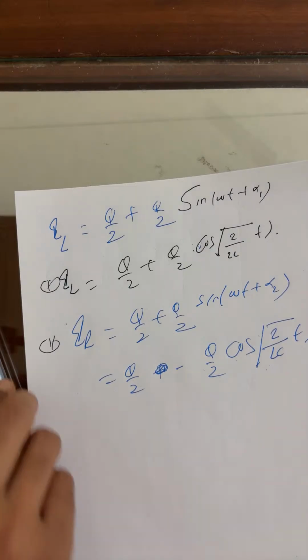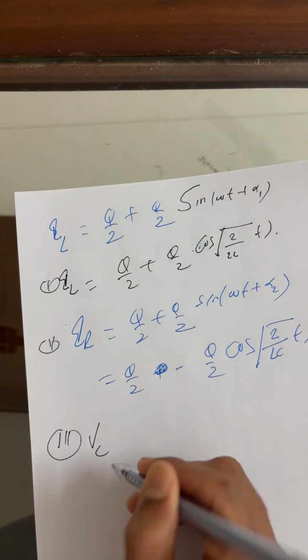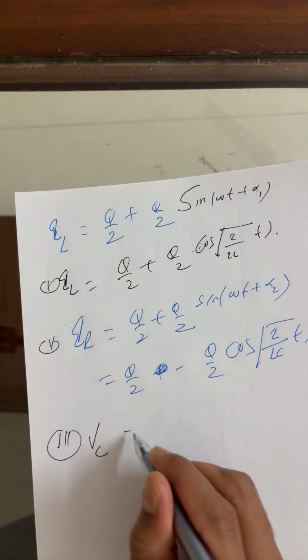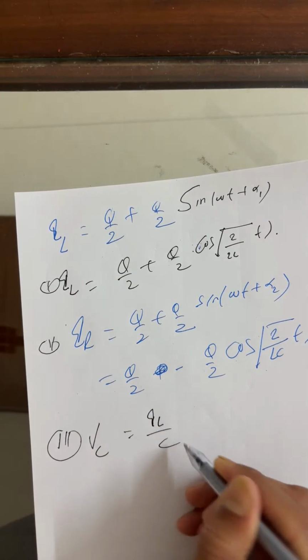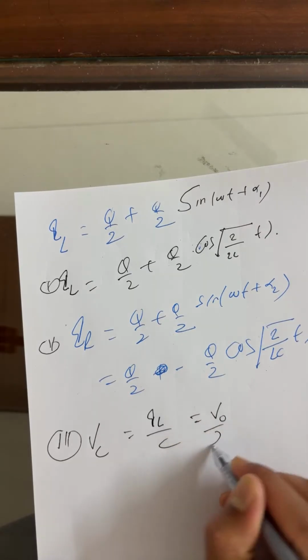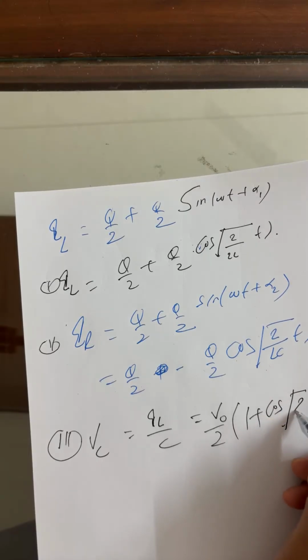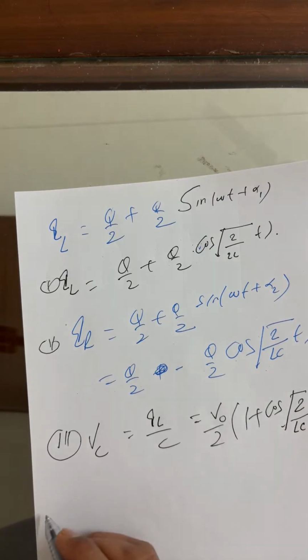So beta, we used to find here, I can see also in point number 3, the potential drop on capacitor. So this is QL by C. Q is what? B0 by 2 times 1 plus cos of root 2 by LC into time t.